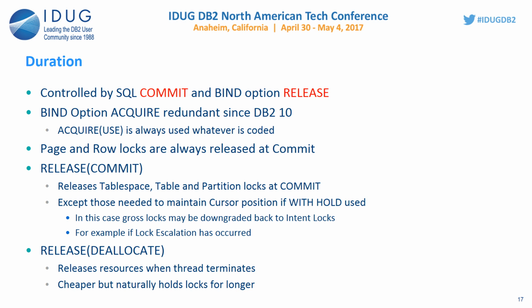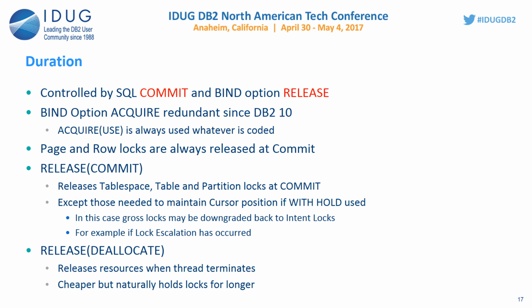All right. Now that releases locks, it's lower in resources, because if your program is doing multiple commits, DB2 doesn't have to continually allocate and deallocate the locks. All right? So it's lower in resources, but obviously it holds the locks for longer, and it can cause application issues. All right?